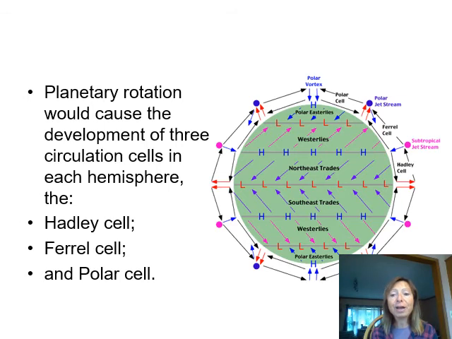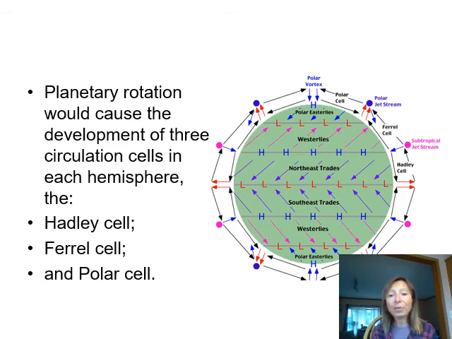The three sets of cells are the so-called Hadley cells that have developed between the equator and the tropical regions, the Ferrel cells that have developed in mid-latitudes, and then the polar cells that have developed over the North Pole and the South Pole.